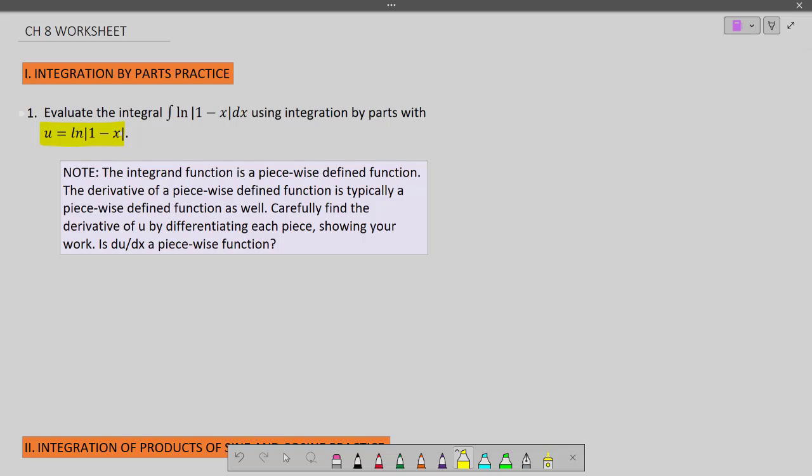I just want to talk a minute about the derivative of a piecewise defined function. Because normally, when we take a piecewise defined function, let's just take the absolute value of x for a moment, the definition is this: if what's inside the absolute value is positive, its value is found by just erasing the absolute values.